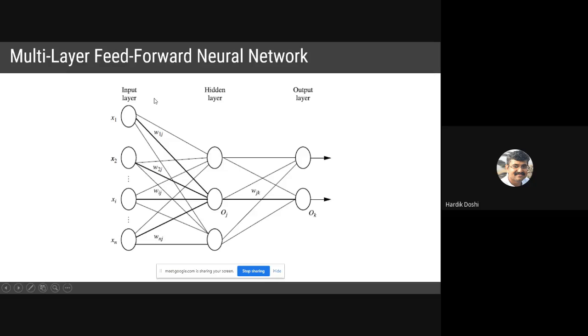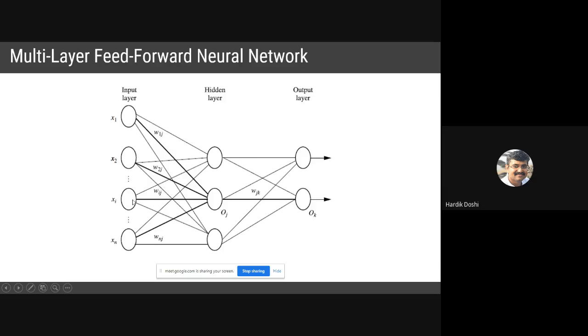So this is your input layer of the neural network, where you will be giving the input values for the particular attribute. Say for example, this is your age attribute input, this is your income attribute input, this is your student attribute input, and this is your credit rating input.